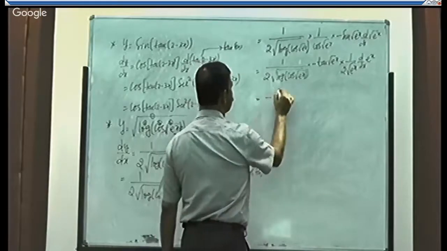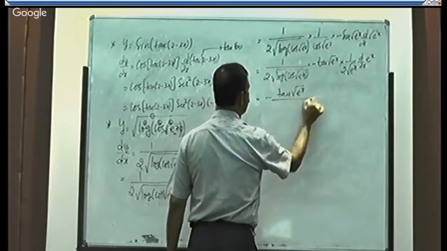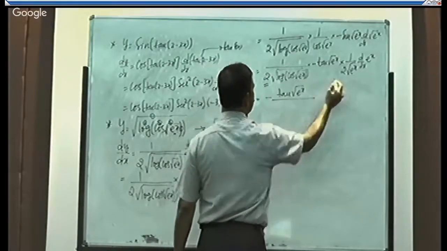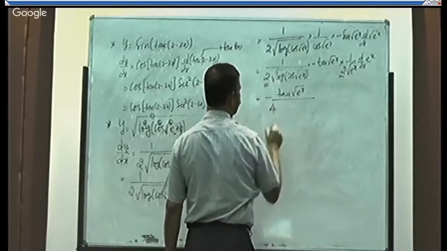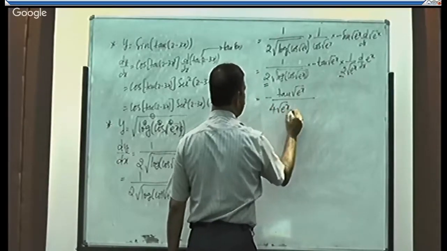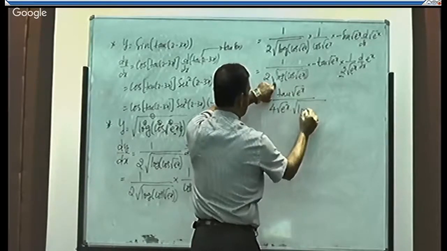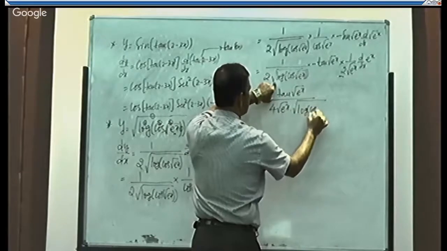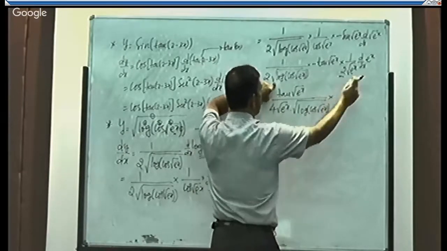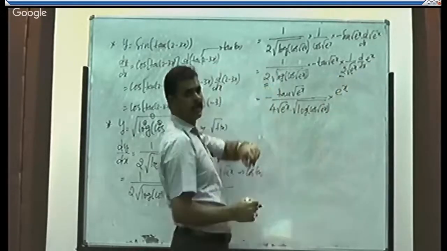So it is minus tan of root of e power x divided by 2 into 2, 4 into root of e power x into root of log of cos of root of e power x into differentiation of e power x, which is what? e power x.